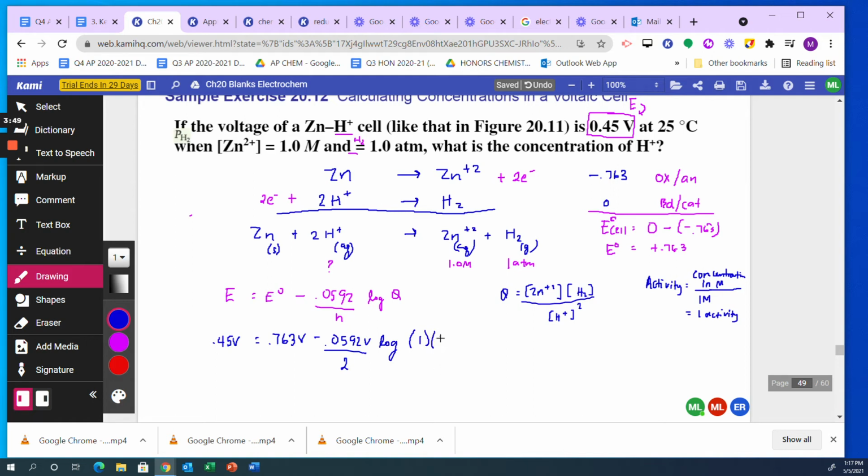H2 is 1 atm. And you can use the different units. I wrote here that these actually are activities. So if you have the molarity divided by 1 molar, that's 1 activity. What I'm trying to say is you can use them in the same formula even though they're different units. And then this is H plus, which is missing, x squared.